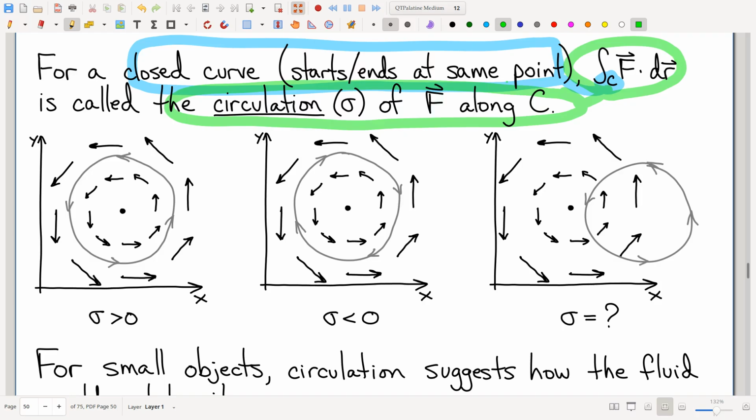It's called circulation. And I think it's a pretty plausible name. If you think about it, a closed curve wraps around on itself. The unit tangent vector, as you go along, literally goes around in a circle, right? And so if we're measuring the extent to which the fluid flows along and does what that curve is doing, circulation seems like a reasonable term.